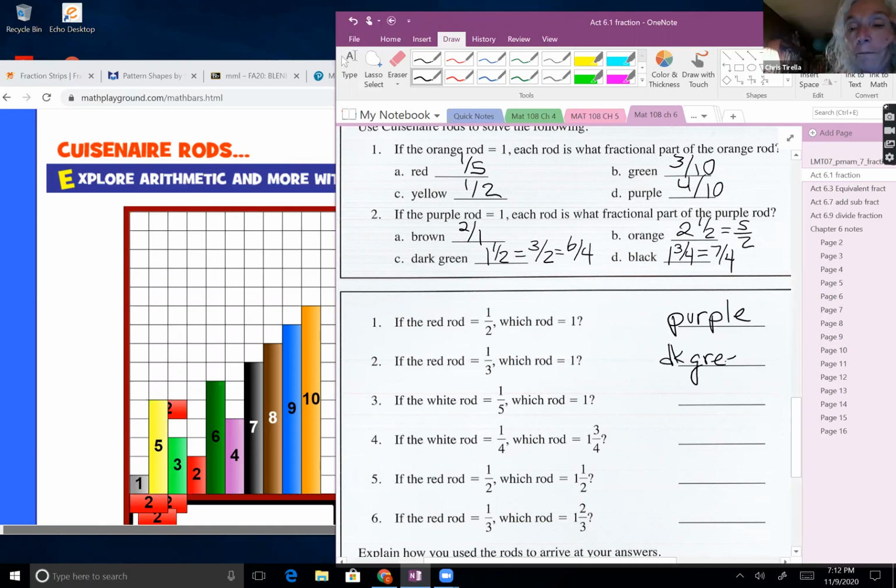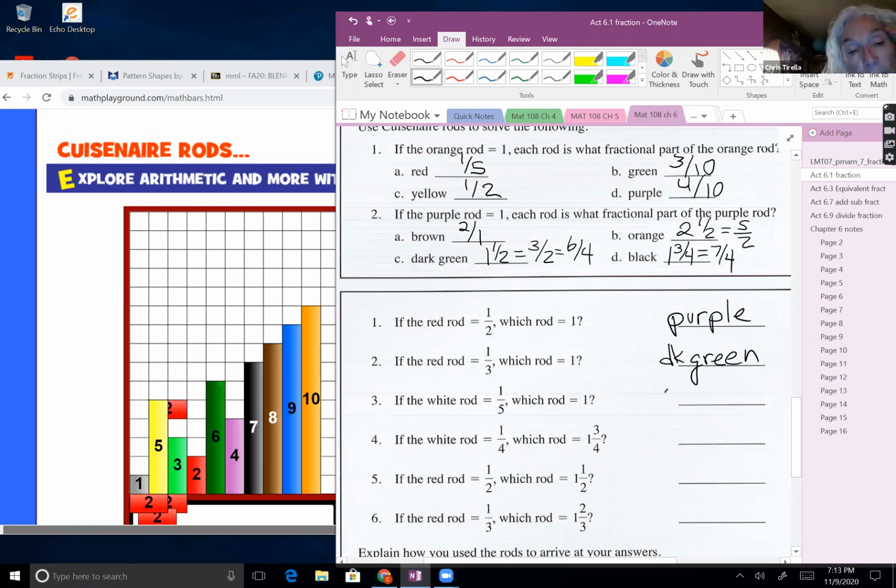Beautiful. What about if the white one were 1/5? Which color would be the whole? Is it the dark green again?